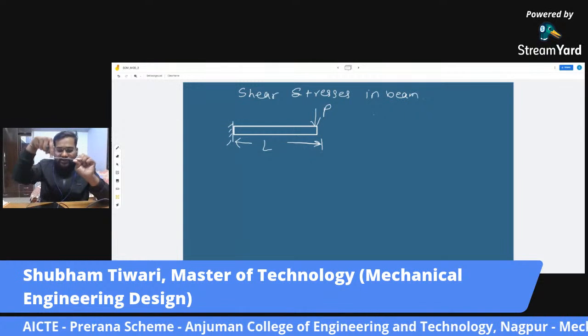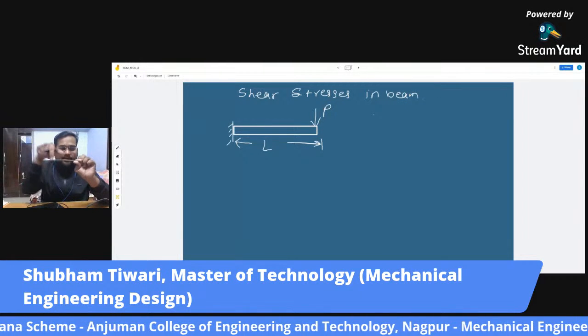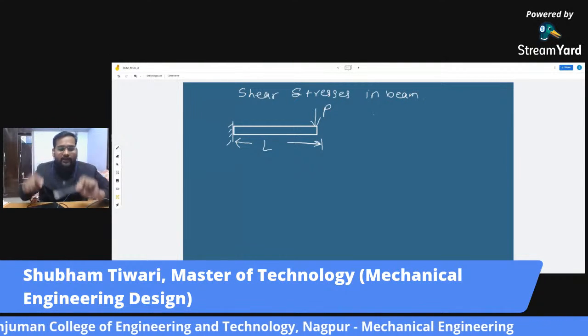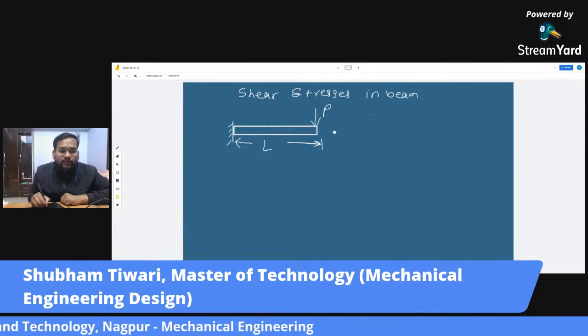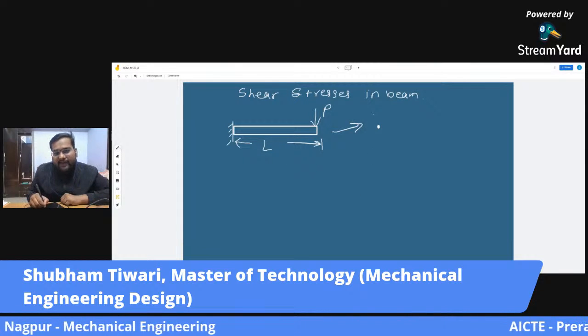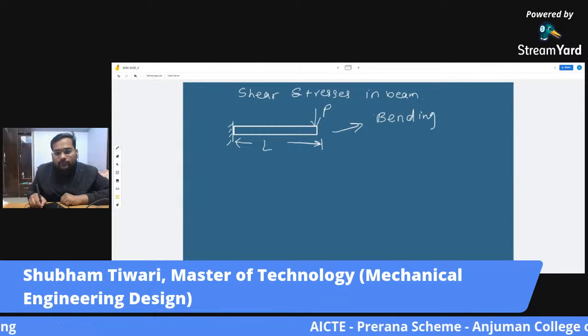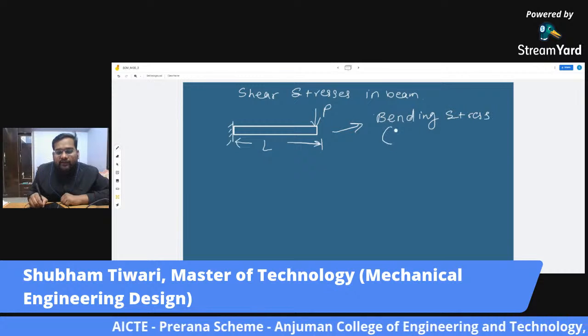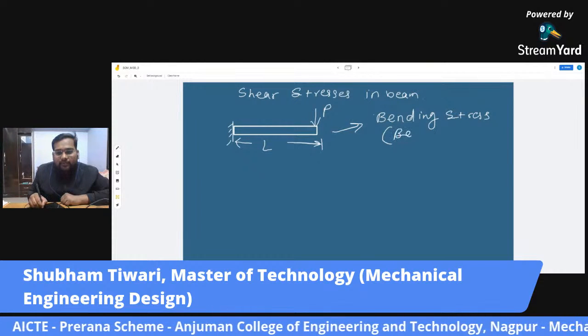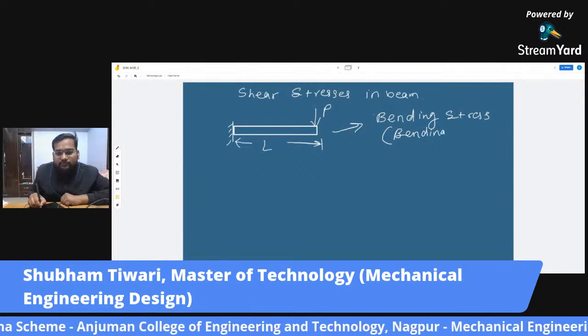The force multiplied by the perpendicular distance is a moment. So there is a bending moment which causes the beam to bend. So the first stress that will occur in it is the bending stress. What is the reason for this bending stress? The bending moment is causing it.